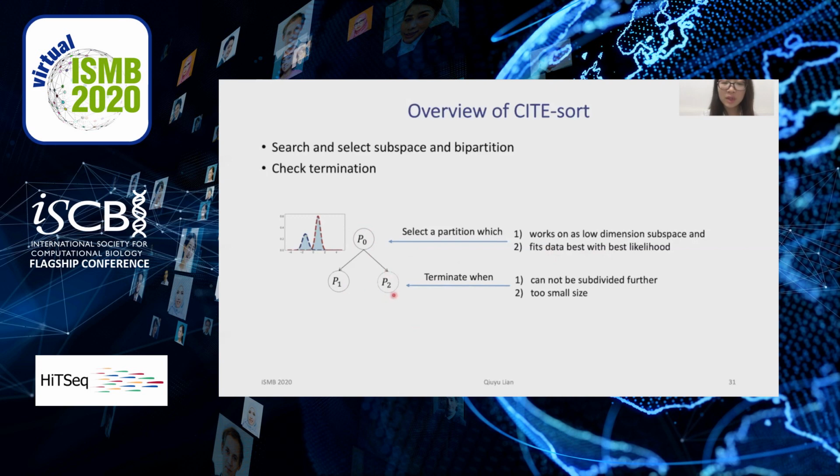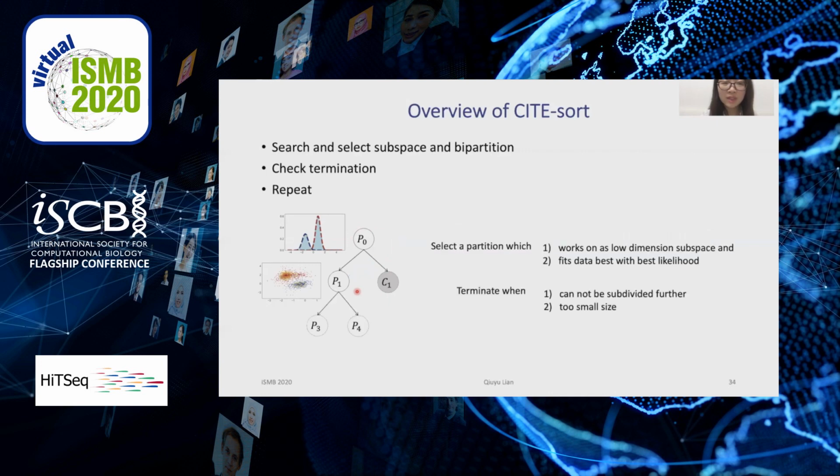If the current population cannot be subdivided further or it is too small, then it's assigned to be a leaf node. If the current population could be subdivided further, then we repeat searching a subspace and selecting a bipartition. The process is repeated until all nodes are assigned to be leaf nodes. And all these leaf nodes are just the clusters identified by CITE-sort.